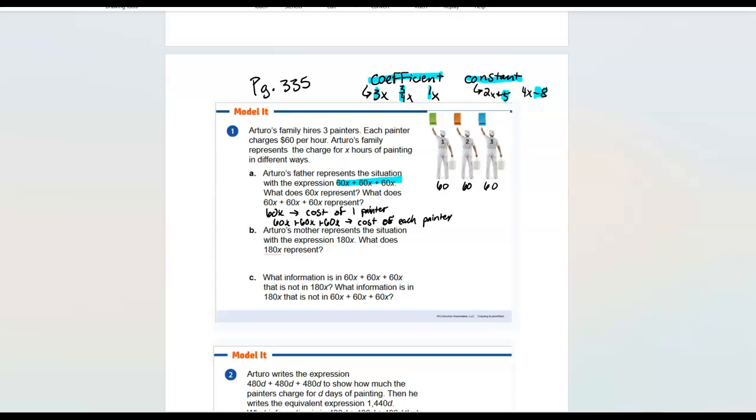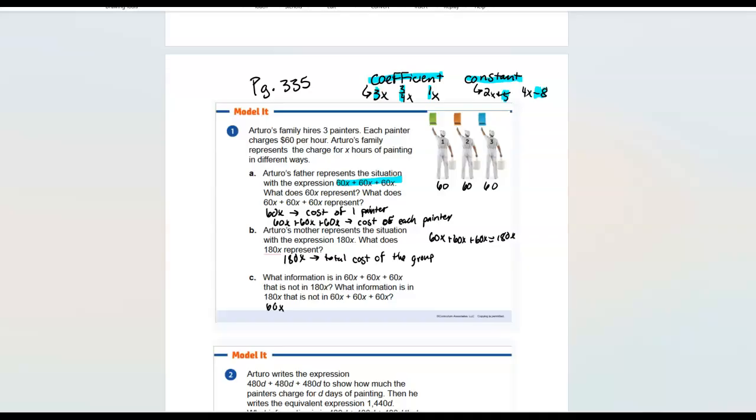Now, his mother is going to go ahead and combine those like terms, 60x plus 60x, and say, hey, instead of doing that, we're going to go ahead and just say 180x, and that represents the total cost of the group. So what's in one that isn't in the other?